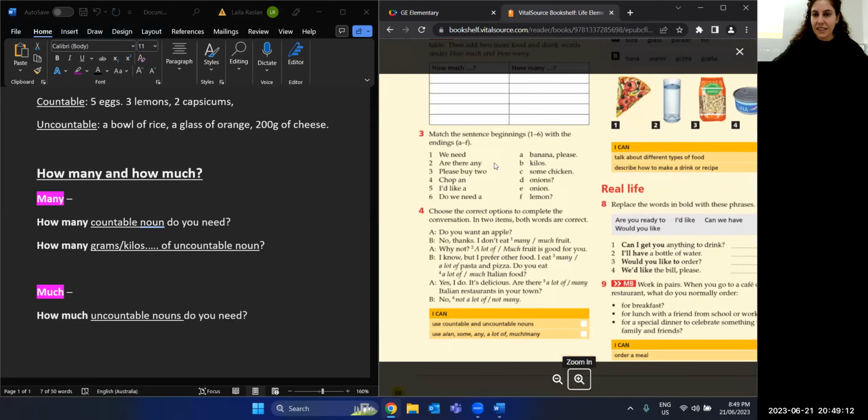Number 3, match these 1 to 6 to A to F. So if I said we need, what would be the correct sentence here?